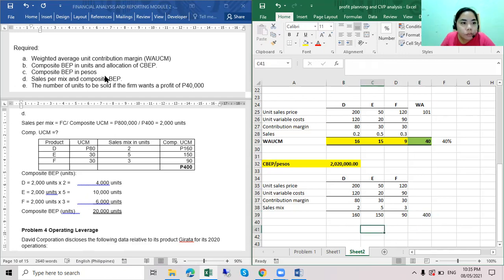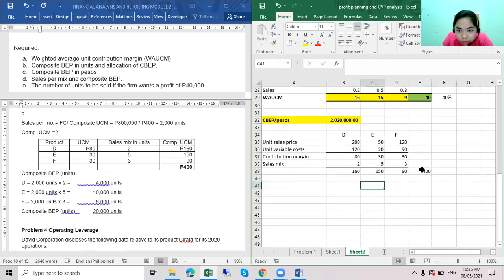So, sales per mix and composite break-even point. 400 pesos, ang aton fixed cost, ang aton nga composite break-even point. Equals, pila natin fixed cost, it's 800,000 divided by your contribution margin, no, per total, that's 2,000 units.